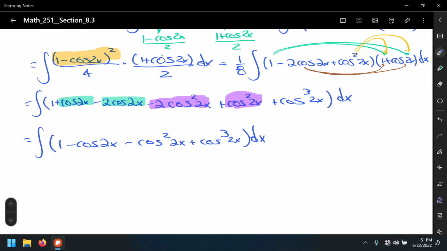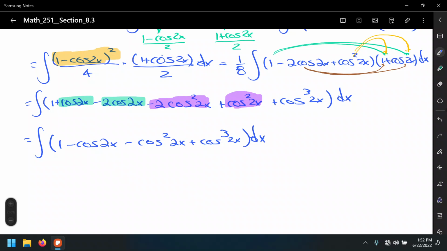Okay, so in this case, I would like to split this into 4 integrals. And the reason is because of the powers that we have for the trigonometric functions. Well, we can integrate 1, which is x. We can integrate negative cosine 2x, which is negative 1/2 sine 2x. But what about these two? Are they straightforward? Do we have a power of sine over here that can stand for the u du part of these 3 terms?